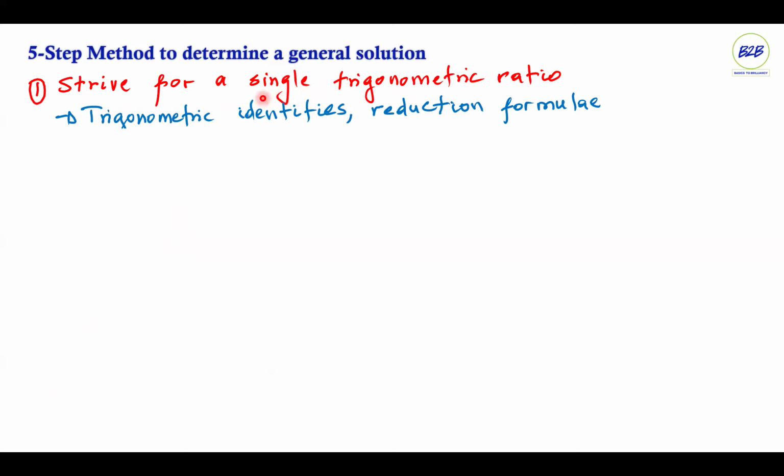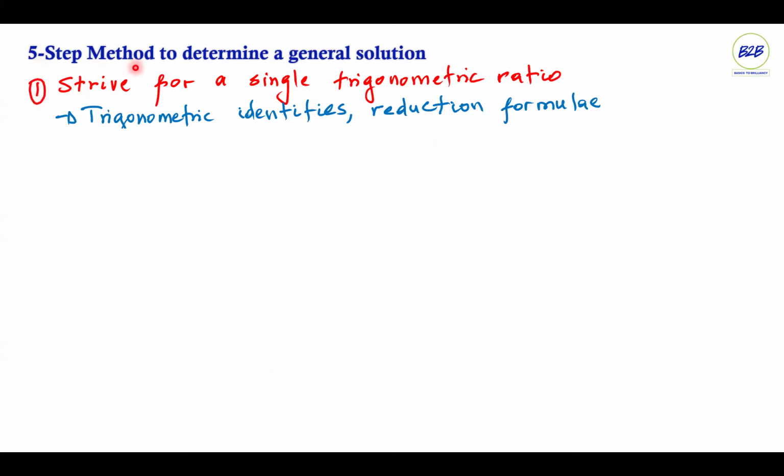Then what we want to strive for from that trigonometric equation is to ensure that we only have one trigonometric ratio, either sine or cos or tan. It really doesn't matter, but as long as we have one trigonometric ratio, that is all good and well. So that is the first step of determining a general solution.